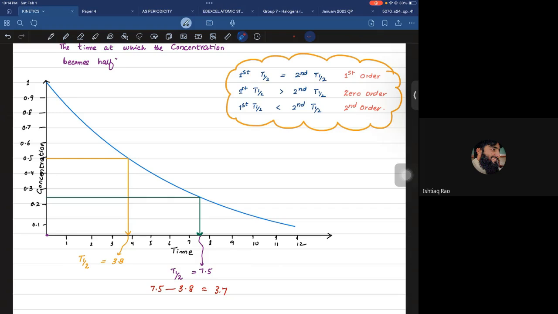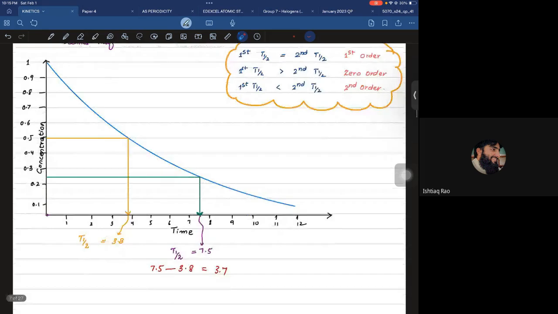Now I'm going to find out the second half-life. The half of 0.5 is 0.25, and the time at which this concentration becomes half is this, that is 7.5 seconds. This is your second half-life. So the first half-life was 3.8 and the second half-life is 7.5.